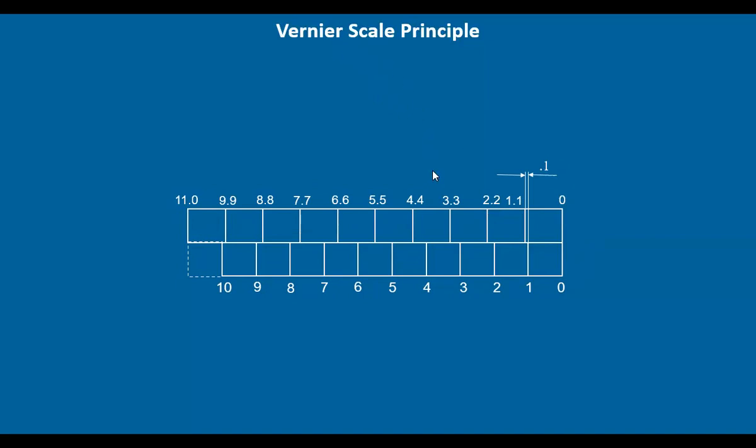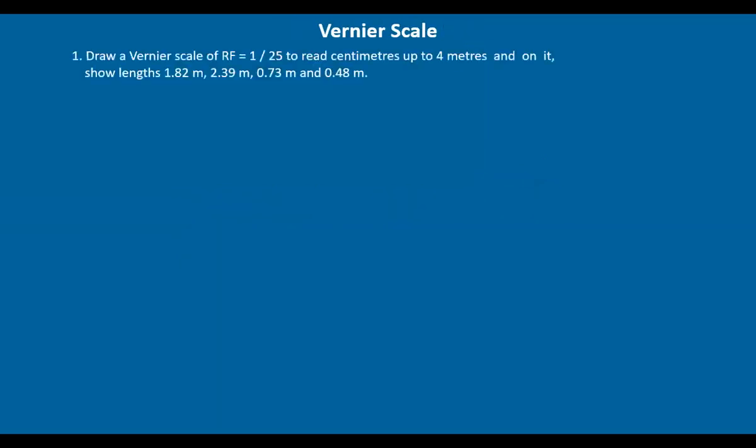Now let's apply this principle to the scales and see how they are drawn. Suppose you are asked to draw a Vernier scale, RF is given, and the maximum length is also given, 4 meters. Let's calculate: RF into maximum length in centimeters is 16.